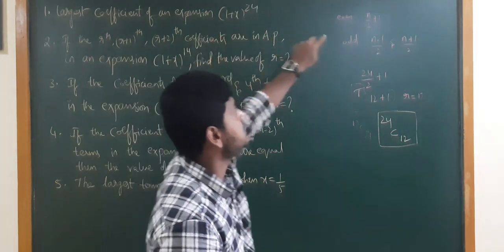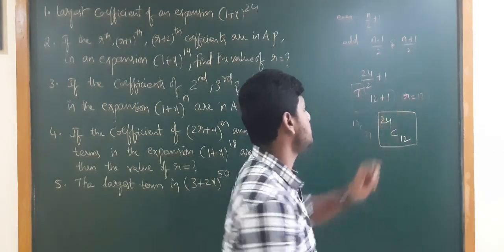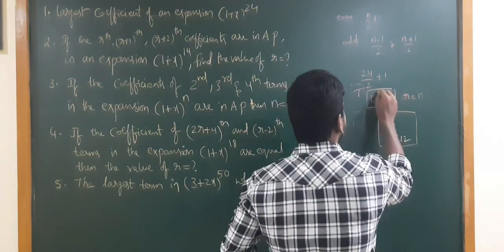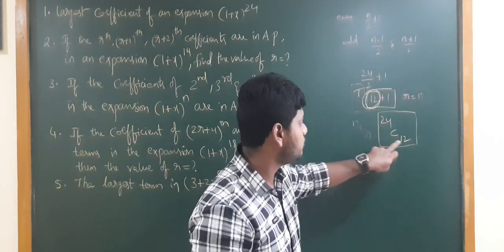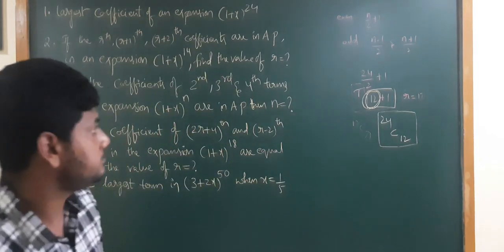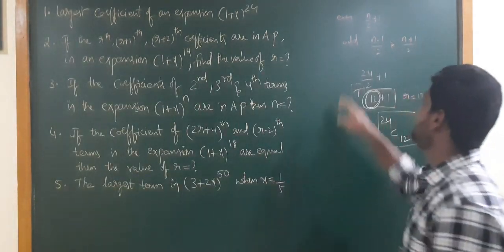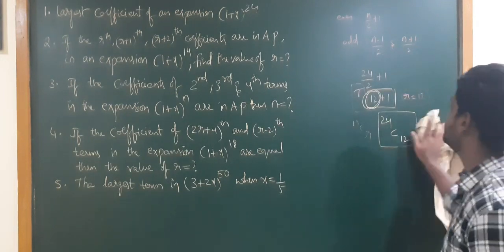As 24 is even, what is the formula? n by 2 plus 1. What we got? 12 plus 1. In this 12 plus 1, this will be the r. So 24C12 is the required largest coefficient. Like that we need to find. If they ask you to find for odd, we need to find by using n minus 1 by 2 and n plus 1 by 2.